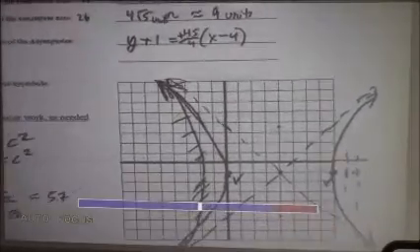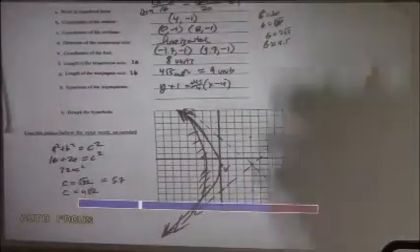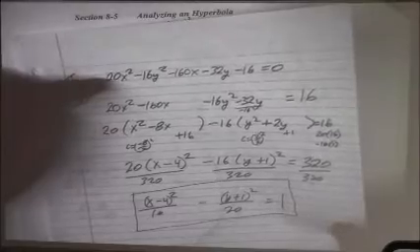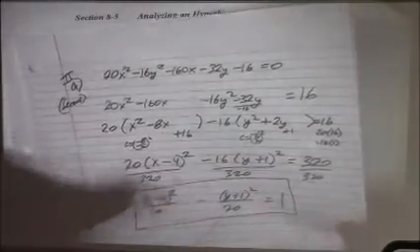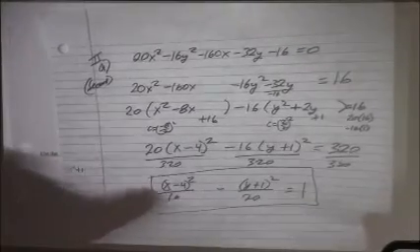So let's take a look again at what we did. Started out in this case with the equation in general form, completed the square twice in order to get the standard form.